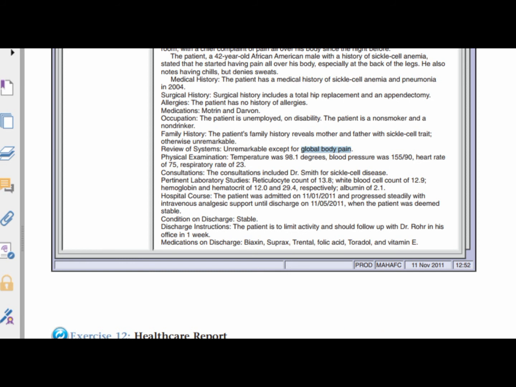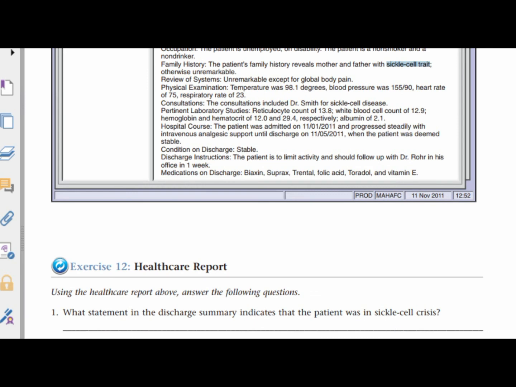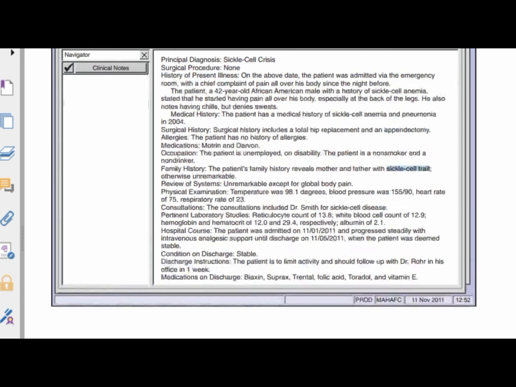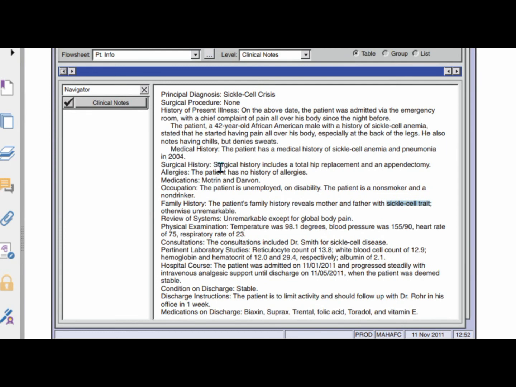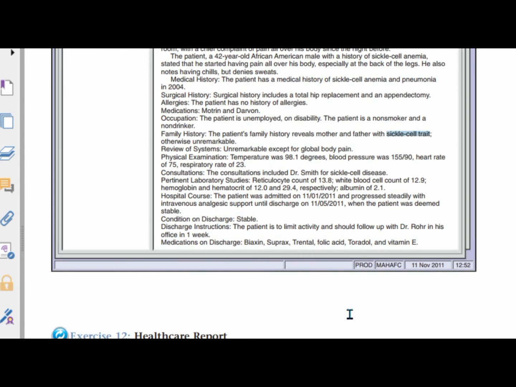Did Mr. Samuelson's parents have sickle cell anemia? How do you know? So, wala, but they are carriers. No? Sickle cell trait. Patient past healthcare history mentions a resection of his. Some past medical resection, hip replacement, and appendectomy. So, nasa hip replacement and appendectomy, resection.